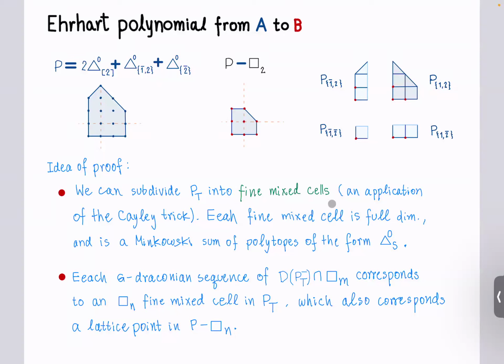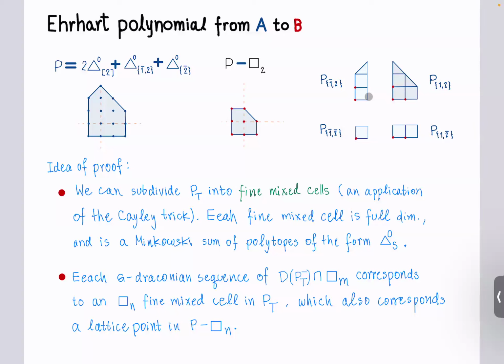This is an application of the Cayley trick, which is a common technique for subdividing a polytope that is a Minkowski sum of other polytopes. And what are mixed cells? They are regions in the polytope that in this case look like a Minkowski sum of faces of this polytope, delta subscript S and superscript 0.